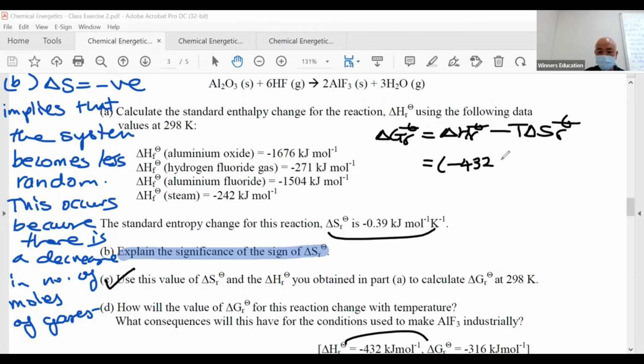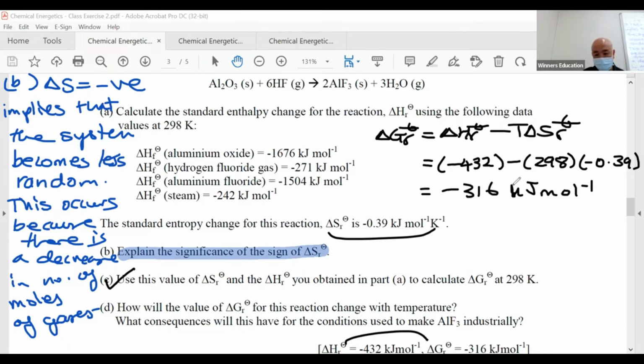I saw it's kilojoules, I'll leave it as kilojoules. Nothing wrong with it. Just make sure they are the same unit. Temperature 298, and this minus 0.39. So my delta G will be in terms of kilojoules per mole, right? So minus 316 kilojoules per mole. All right, I'll get 1 mark for this basic calculation. I'll take it, which usually is to lead you to the next part.